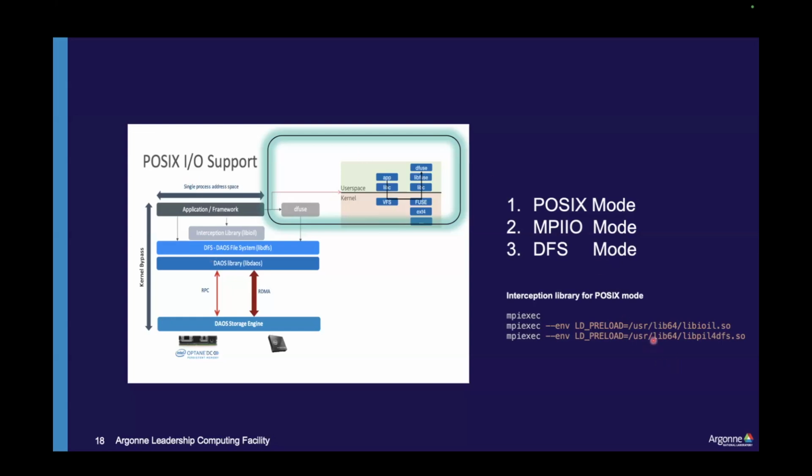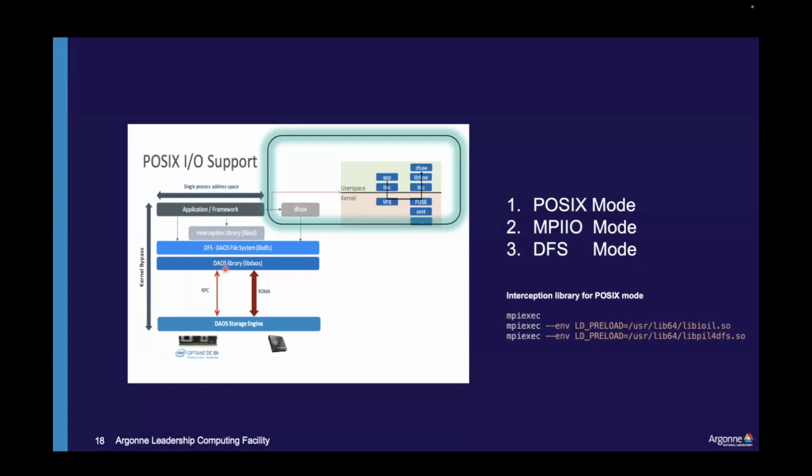So I'll cover these things in the coming slides, but there are a couple of interception libraries called libioil and libpil, which will improve the speed performance. So basically we have three modes. The POSIX mode is directly just throwing your files there and reading it from there. And there is MPIO mode and DFS mode.